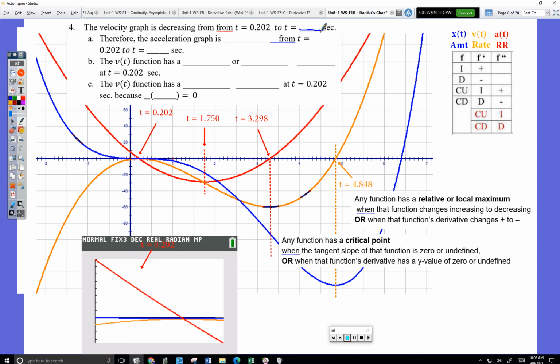The velocity graph is decreasing from this time until this time. Hands up, who knew it? 2 for Parker.